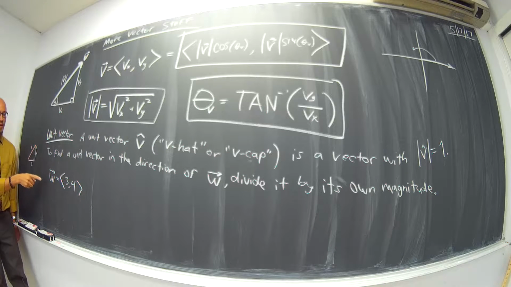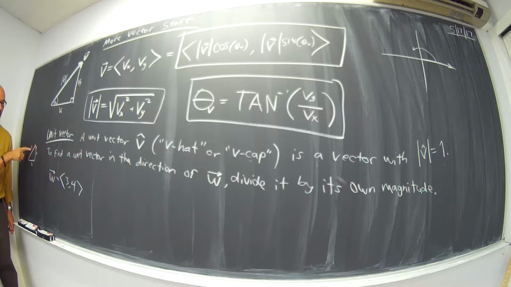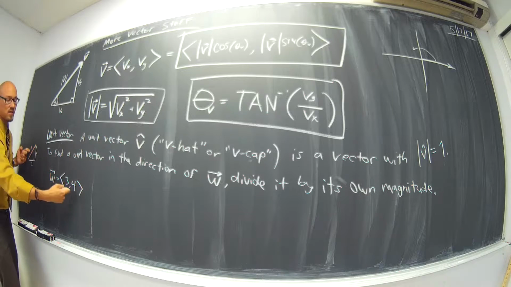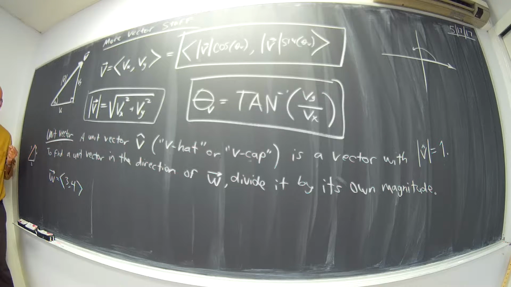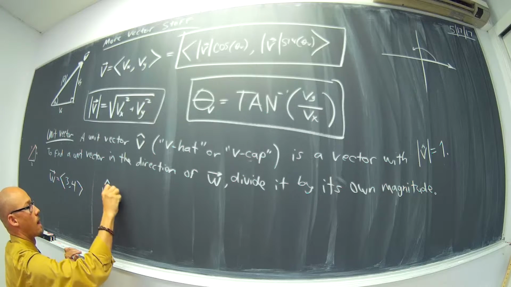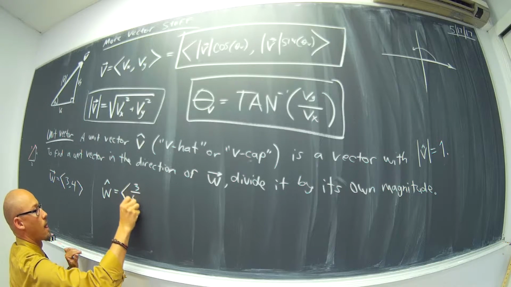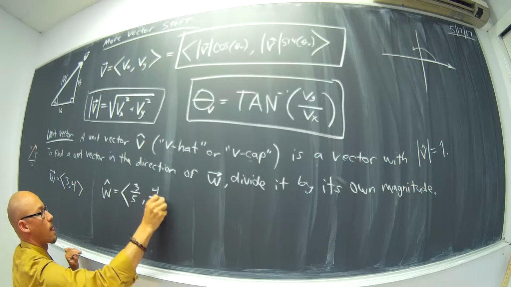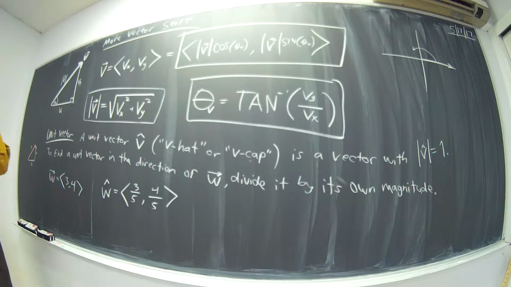So if I wanted to find a unit vector, I would take this and divide it by its own length, which is 5. If I'm going to divide a vector by something, you divide each of its components by that something. Just like if you wanted to multiply a vector by 2, you would double each of its components. So the unit vector of w is 3 over 5, 4 over 5.